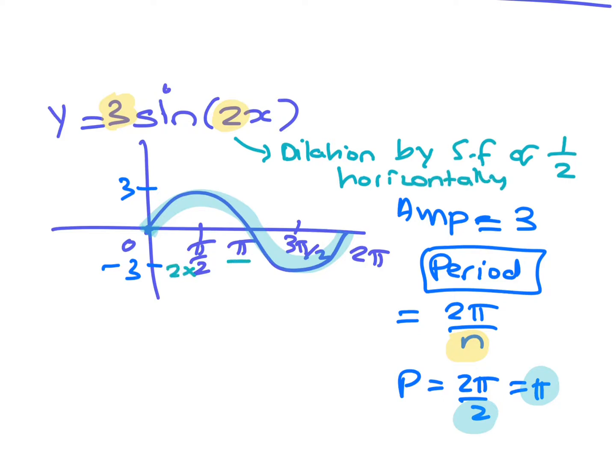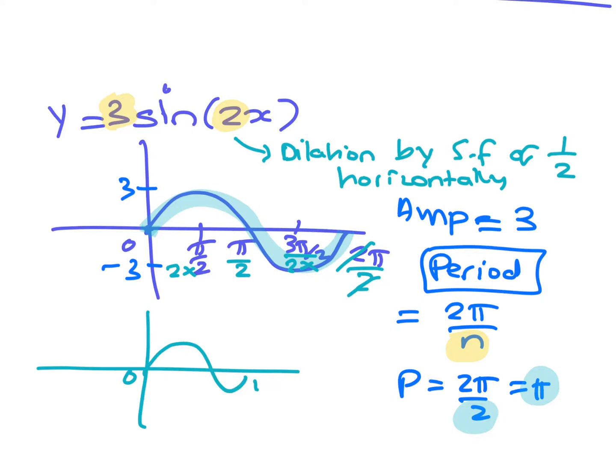So you go times 2 on 2 times 2 and then on 2. So it actually ends up just being a period of pi, and that's 3 and -3. And see, that's pi on 2 in the middle there. So it just squishes it like in that way.